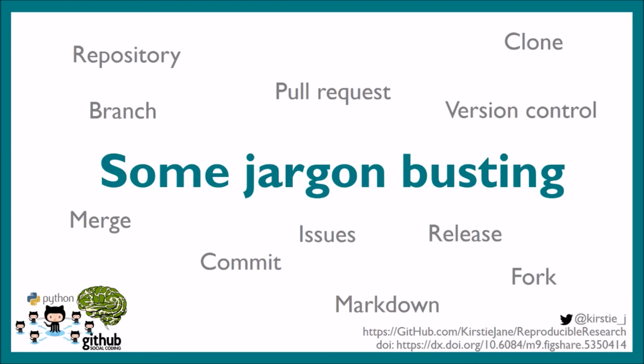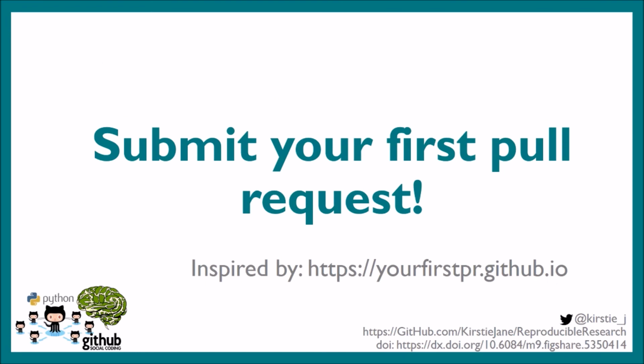I'm not going to explain all of those here, but I'm going to encourage you to do a little bit of Googling, look through some of the resources that are already available to you, have a chat in the Online Brain Intensive Slack room, and once you feel confident that you know the definitions of some of these words, submit your first pull request.